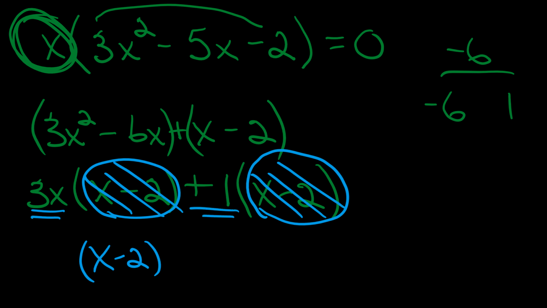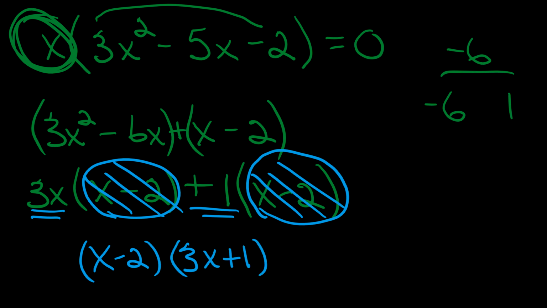That's why it's critical that you factor out the 1 so you see that. If I didn't see that, if I said, well, nothing factors out of x minus 2, then you're just going to write 3x, and then your answer will be wrong. Okay, so I've got 3x plus 1 left, and that goes 3x plus 1.